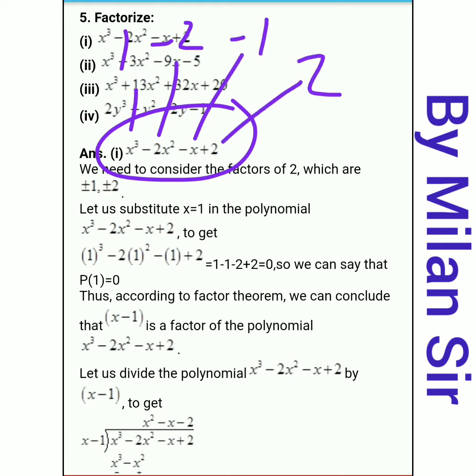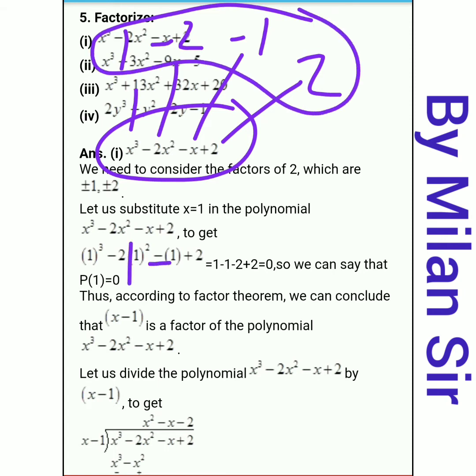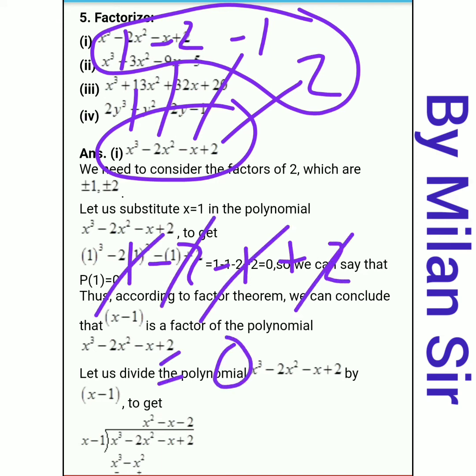Now add our coefficients: 1 minus 2 minus 1 plus 2. So plus 2 minus 2 cancel, 1 minus 1 cancel, 0. So if the sum of the coefficients of the polynomial becomes 0, then x minus 1 is a factor of p of x.